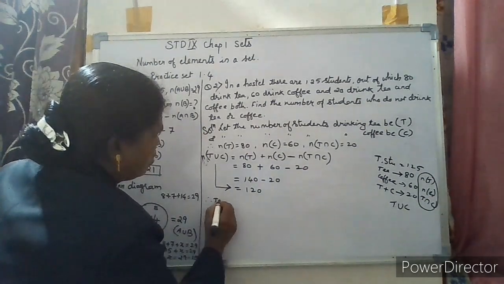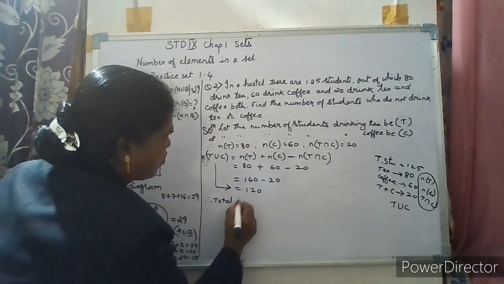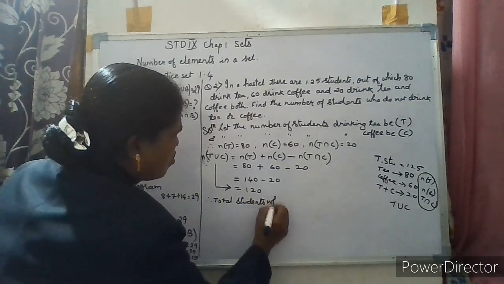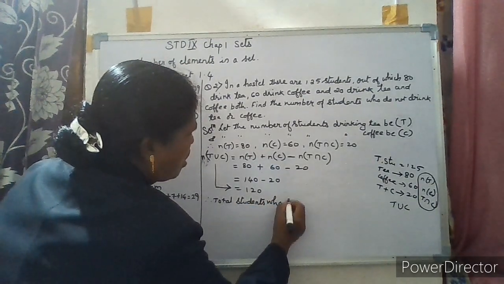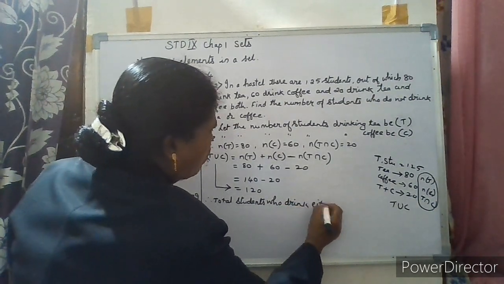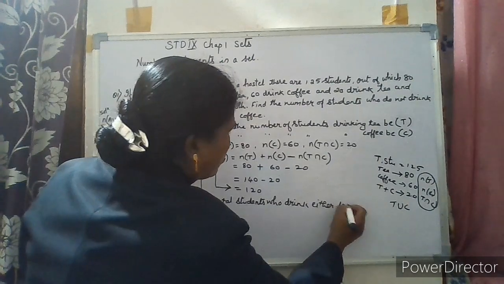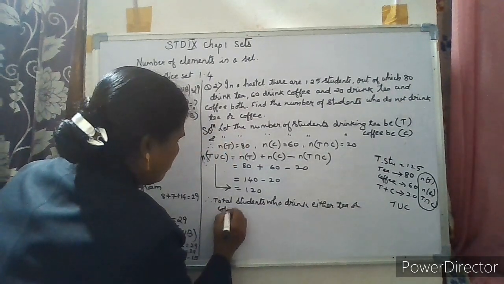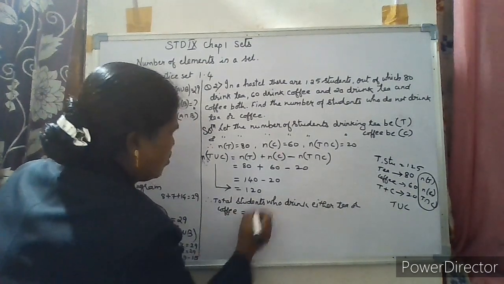So total students who drink either tea or coffee is equal to 120.